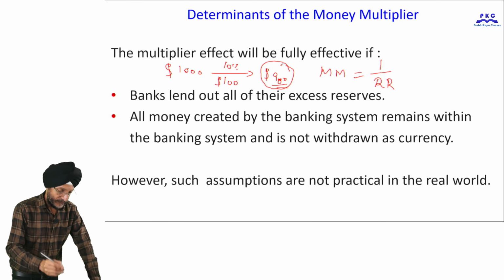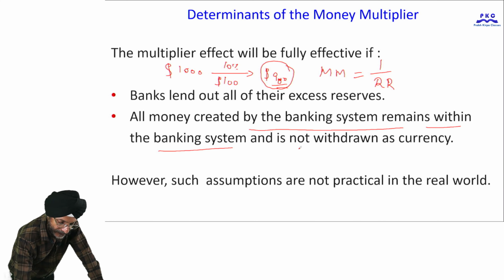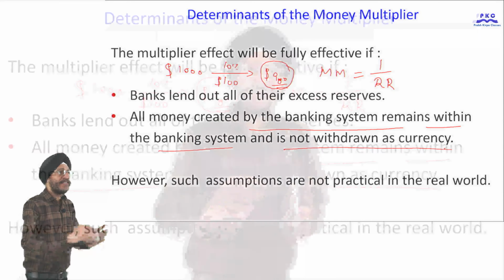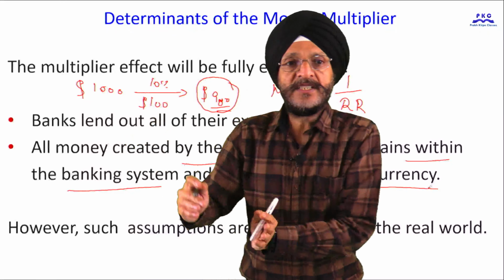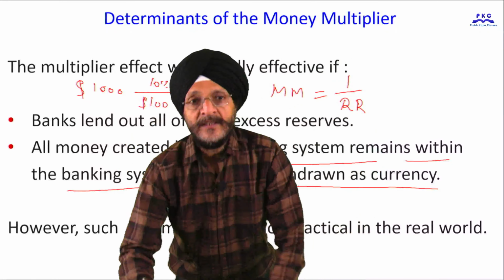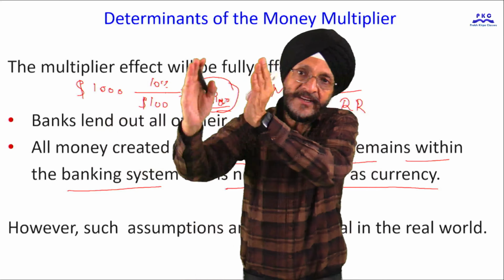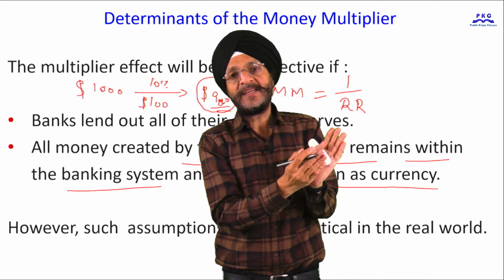Further, all money created by the banking system remains within the banking system and is not withdrawn as currency. That is, when this $900 is given as loan, it again gets redeposited into the banking system.